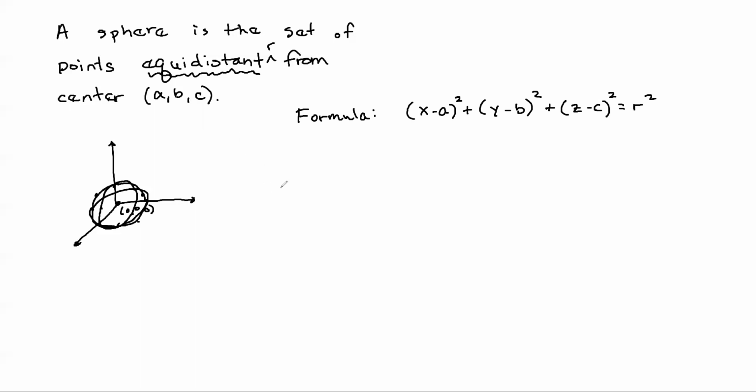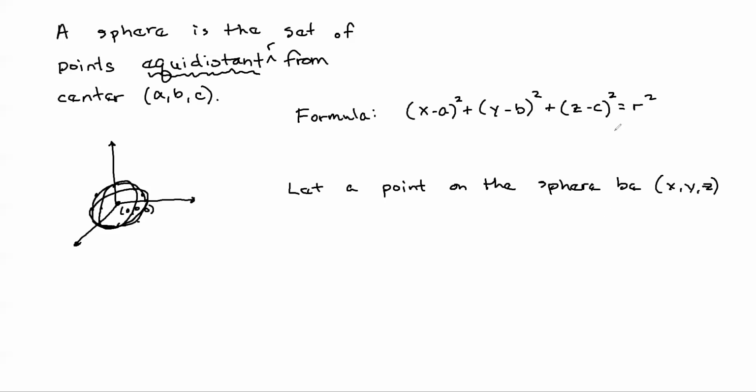So let a point on the periphery here be x, y, z. We're just going to say it's a generic point. Frequently, when you represent generic things, you use x, y, or x, y, z in this case.